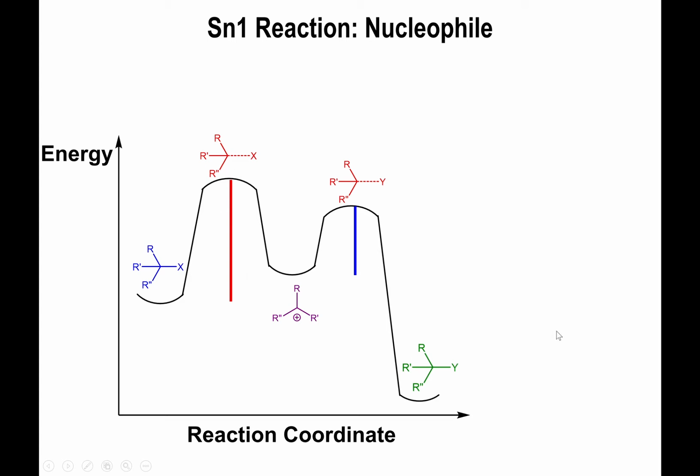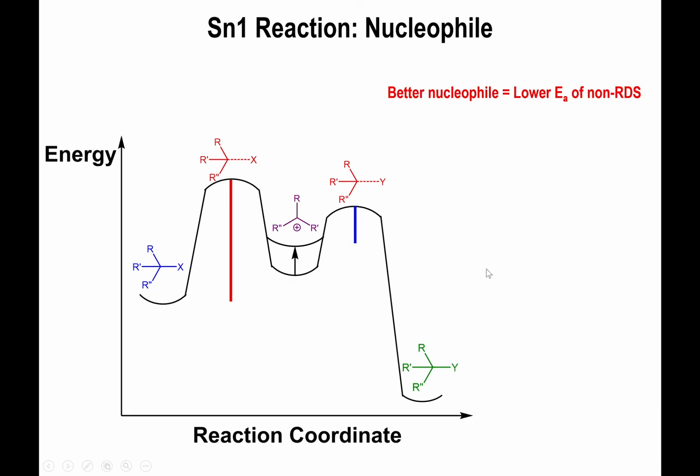All right, so let's think about the nucleophile. Now you might think that here you definitely want to have better nucleophiles, right? Better nucleophiles would mean you're lowering the activation energy by raising the energy of the reactant.